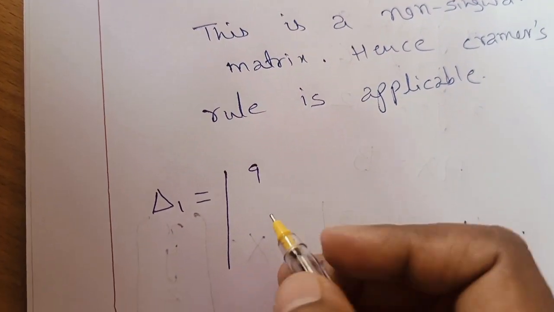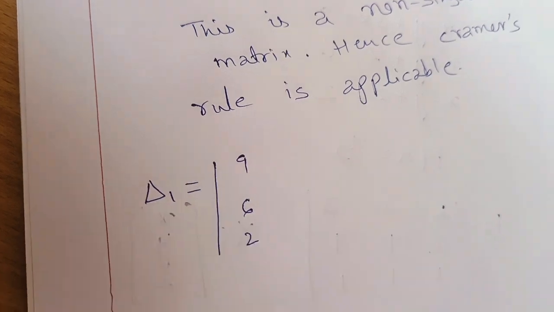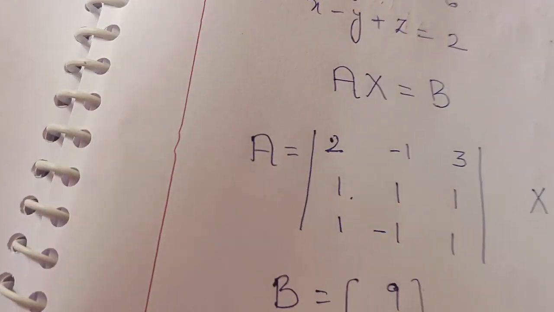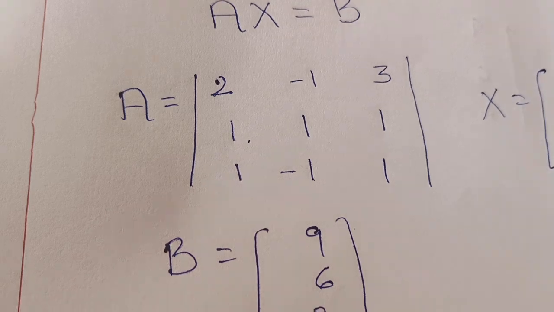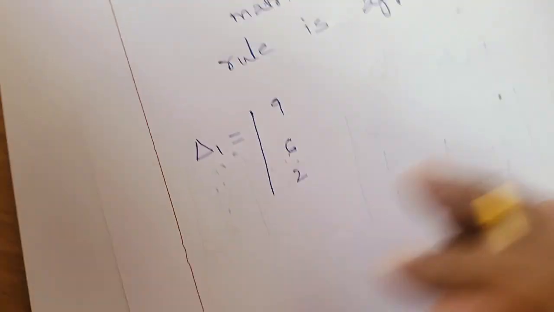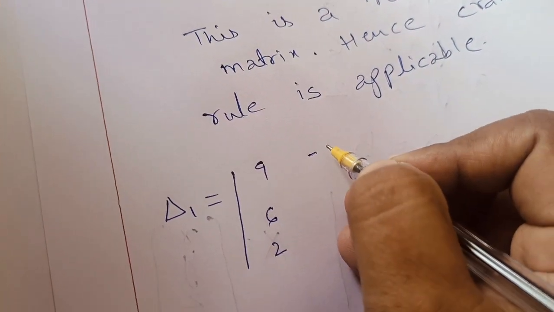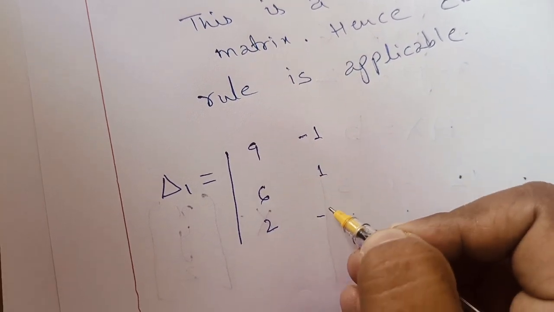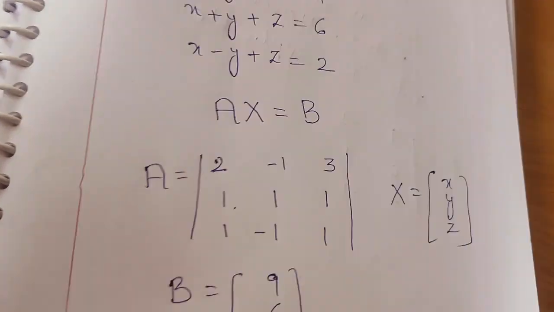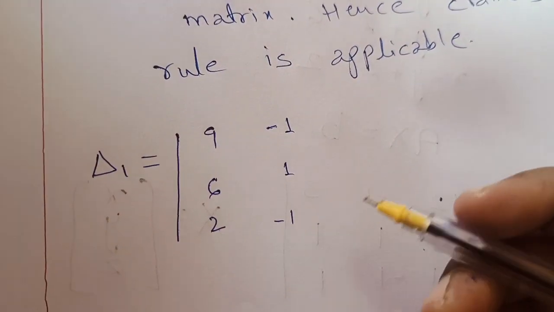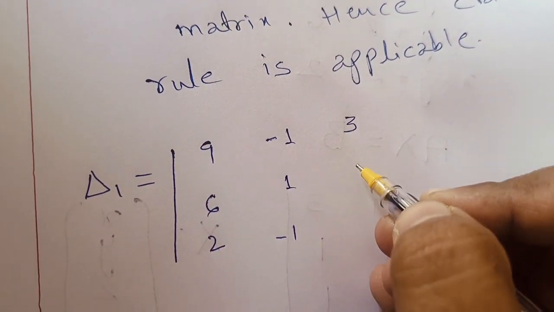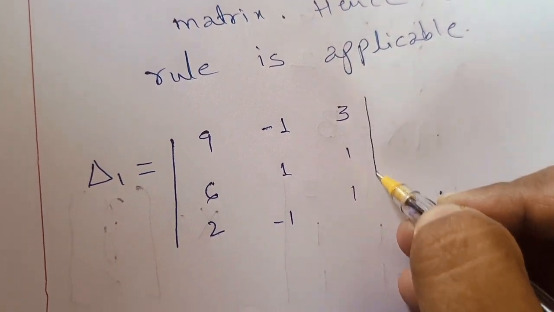Second and third column we will write as it is: minus 1, 1, minus 1. Third column is 3, 1, 1.